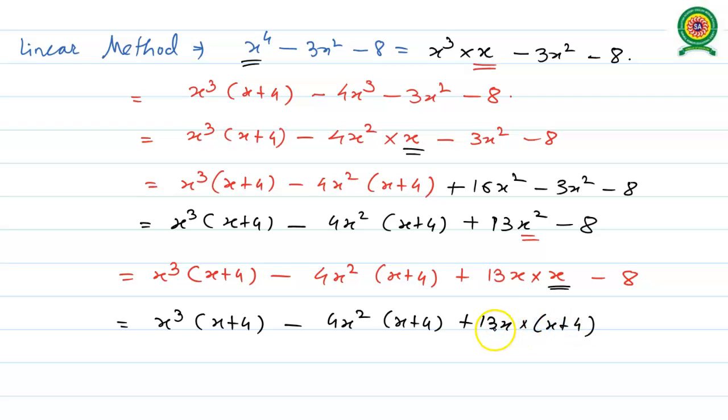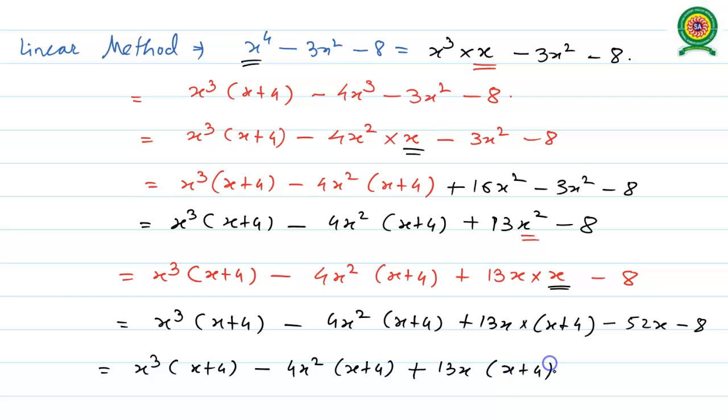Once we distribute this 13x over the bracket, we have 13x square plus 13 times 4, we have 52 times x. So to cancel out the 52x, we make minus 52x and minus 8 as it is. So that we get x cube into x plus 4, minus 4x square into x plus 4, then plus 13x into x plus 4.